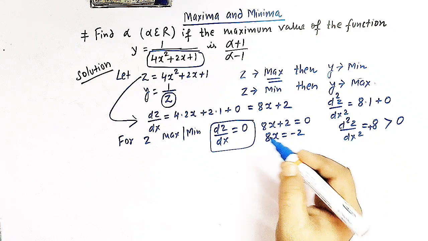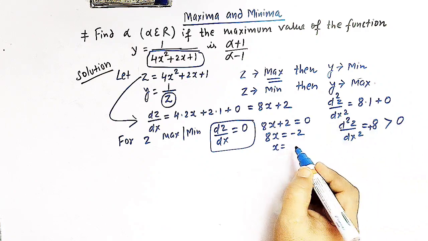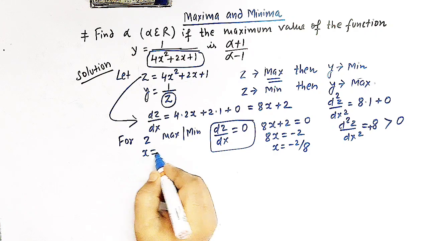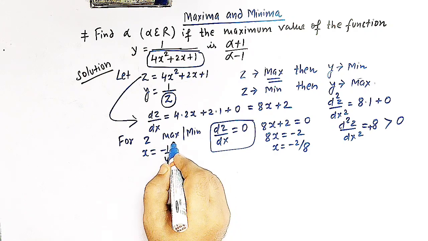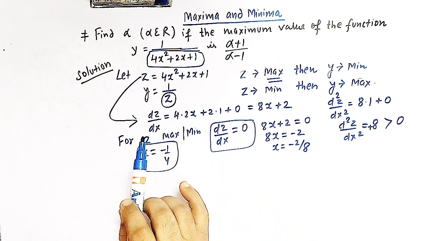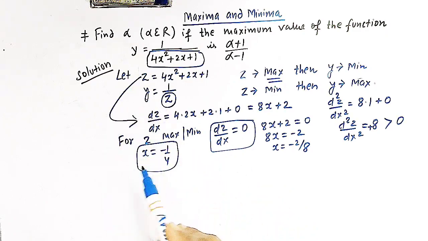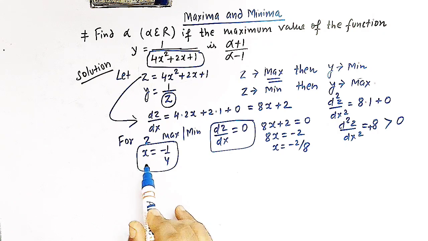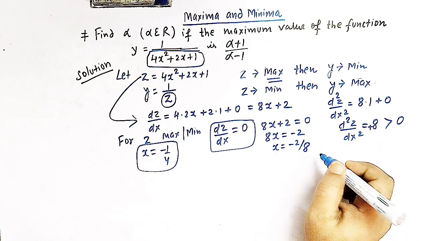Taking 2 to the right hand side, we have x is minus 2 over 8, that is x is minus 1 over 4. So here our critical point or the turning point is x equal to minus 1/4, and we have to decide whether z is maximum or minimum at this value of x using the second derivative test.